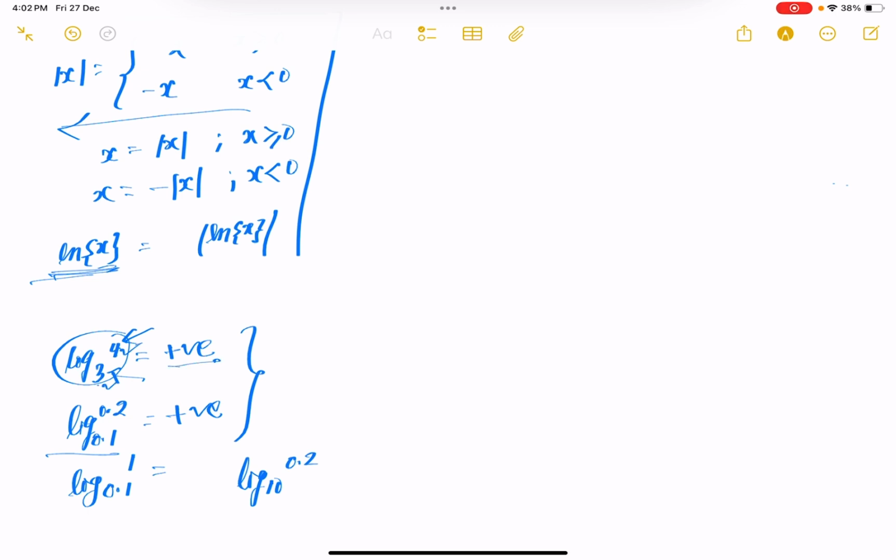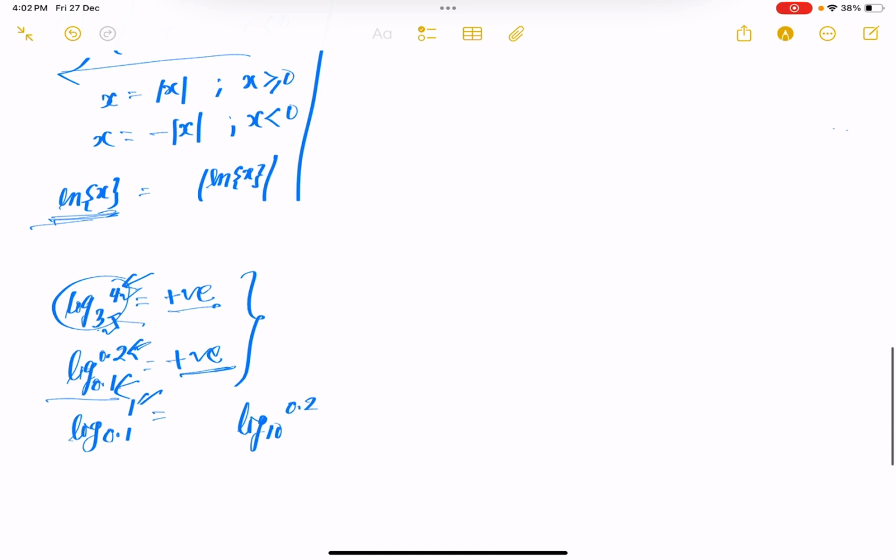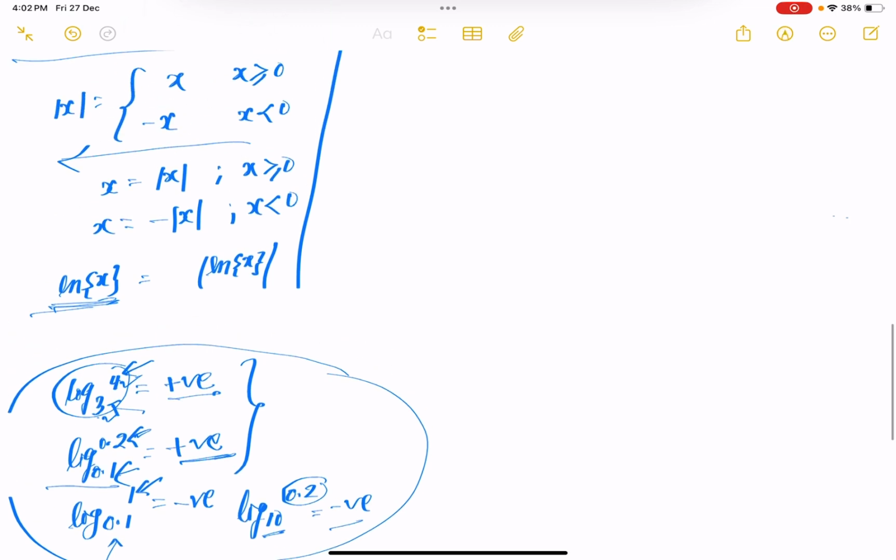Or both at the same time less than 1 but greater than 0, then it should always be positive. But if one is greater than 1 and the other is less than 1, the value will be negative. Here also this is less than 1 and this is greater than 1, so this value should also be negative. This is the way to recognize whether the log is positive or negative.